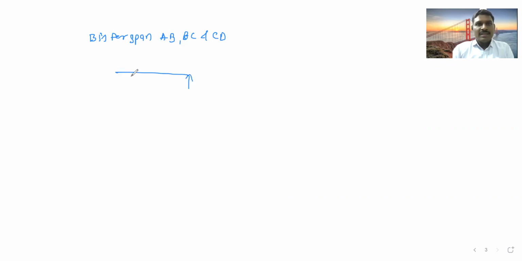So span AB: this is 80 kilonewton, this is 1.5 meter, this is 1.5 meter. Now tell me what is the BM? If a simply supported beam has a central point load, how much is the bending moment? What is the standard formula?